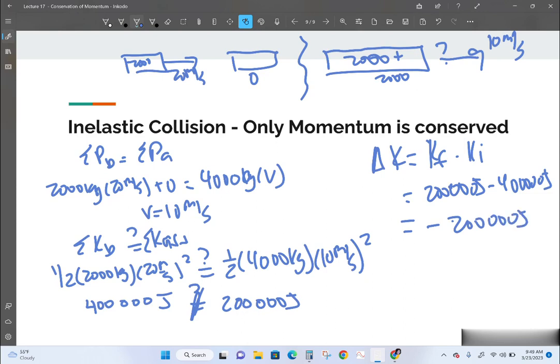What did it turn into? Heat, because of friction. So there was 200,000 joules of heat generated during the collision. That's conservation of momentum.